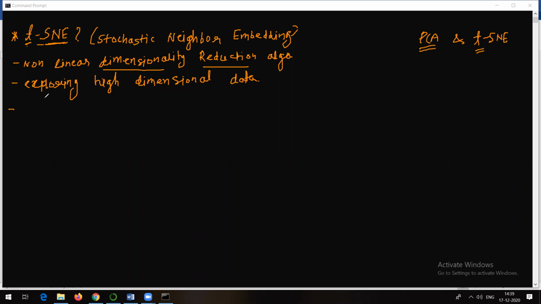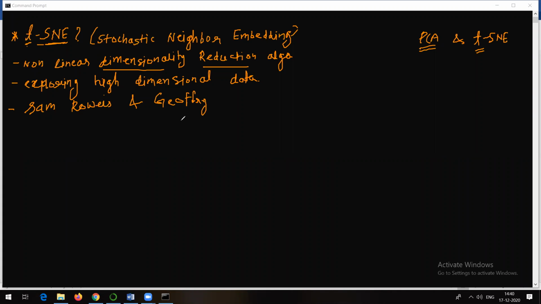Right. So t-SNE, or t-distributed stochastic neighbor embedding, is a machine learning algorithm for visualization based on stochastic neighborhood embedding. There is a concept called stochastic neighborhood embedding, which was originally developed by some people. I can remember the name of the person who developed that technique, Sam Roweis, and one more person, Geoffrey.